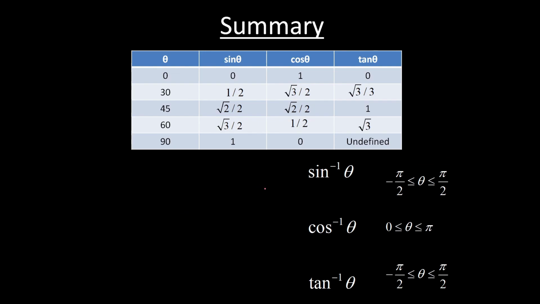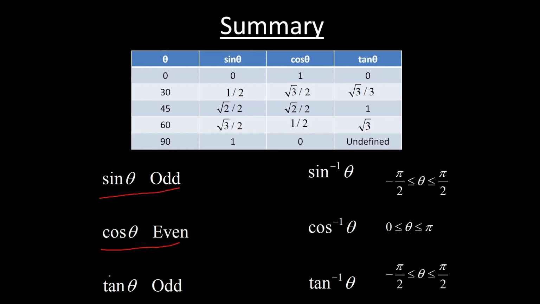And finally, something else that's useful that we've talked about already are even and odd functions. Sine is odd, cosine's even, tangent is odd. Now it also turns out that the inverse of sine is also odd, and the inverse of tangent is also odd.